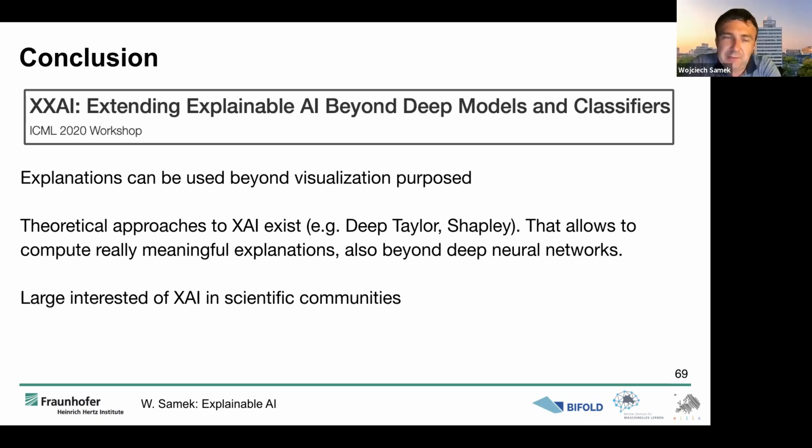The price to pay is that you have to know the details of your model. So you have to know the internals, which in many applications is totally fine. We saw some examples where we applied it for visualizing and explaining the predictions, but we also saw a lot of examples where we go beyond.